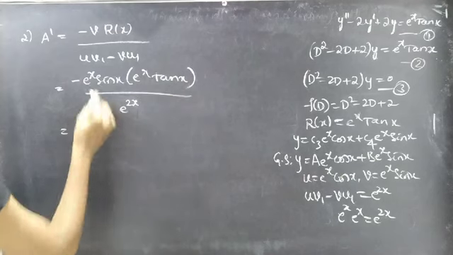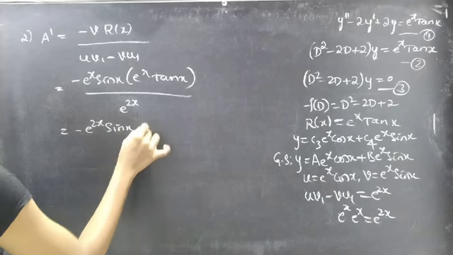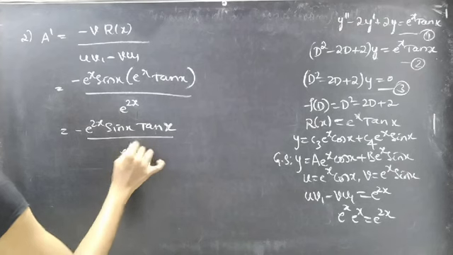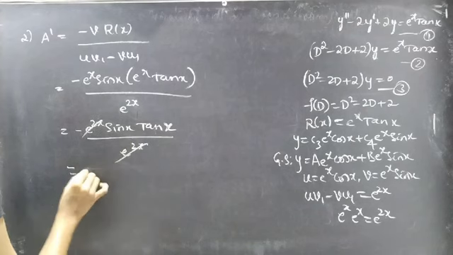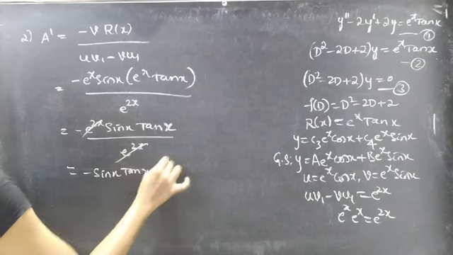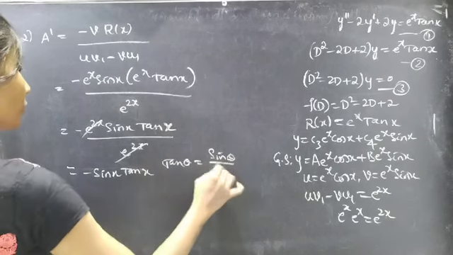This gives us minus e power x into e power x, which is e power 2x, sin x into tan x by e power 2x, where e power 2x gets cancelled, and this equals minus sin x tan x, since tan theta equals sin theta by cos theta.